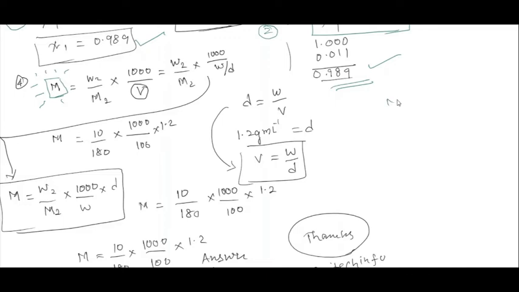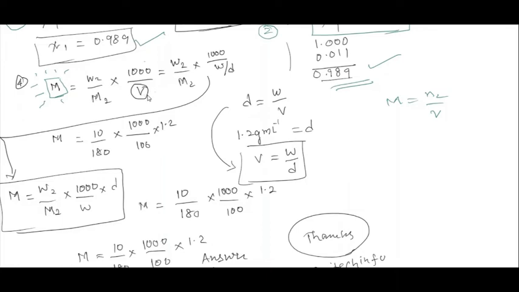So let us apply the formula once again. So we move to the fourth one. Molarity is given by W2 divided by M2 into 1000 divided by volume of the solution in ml.